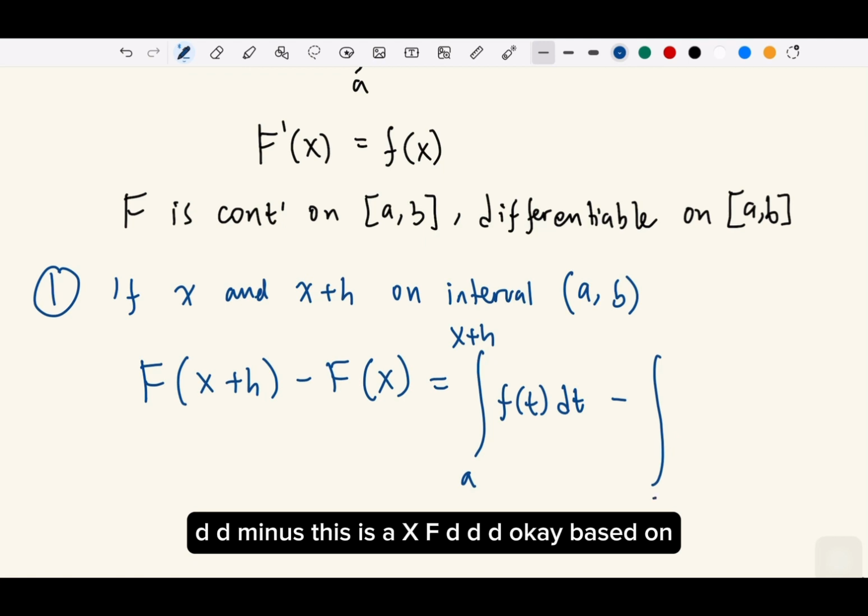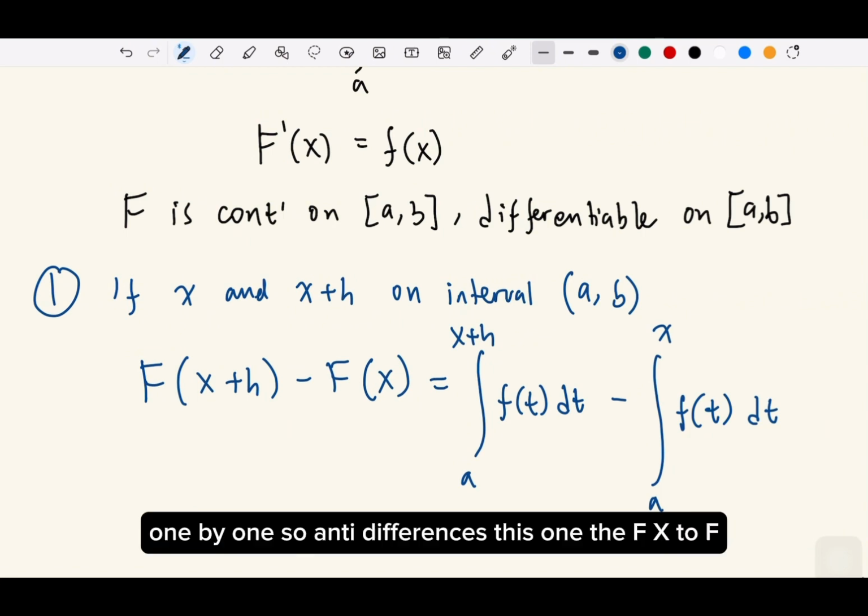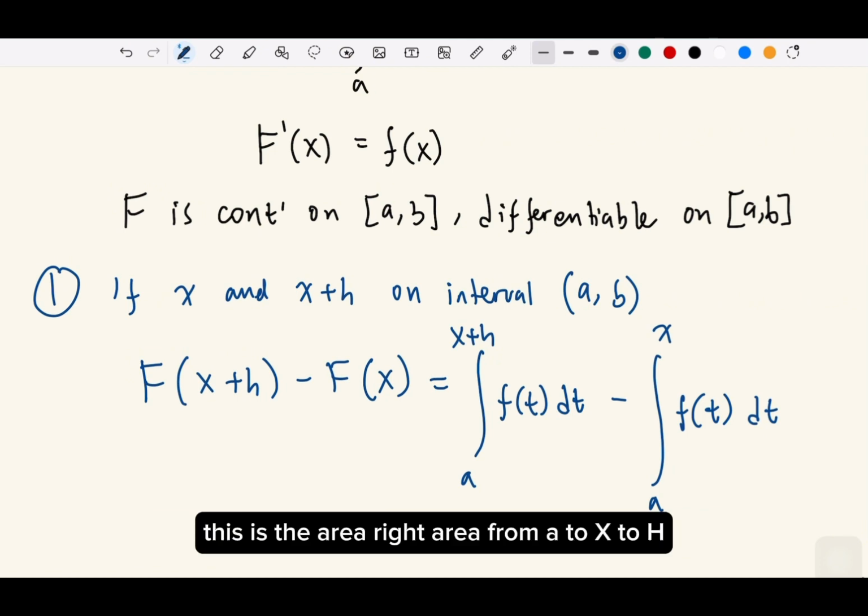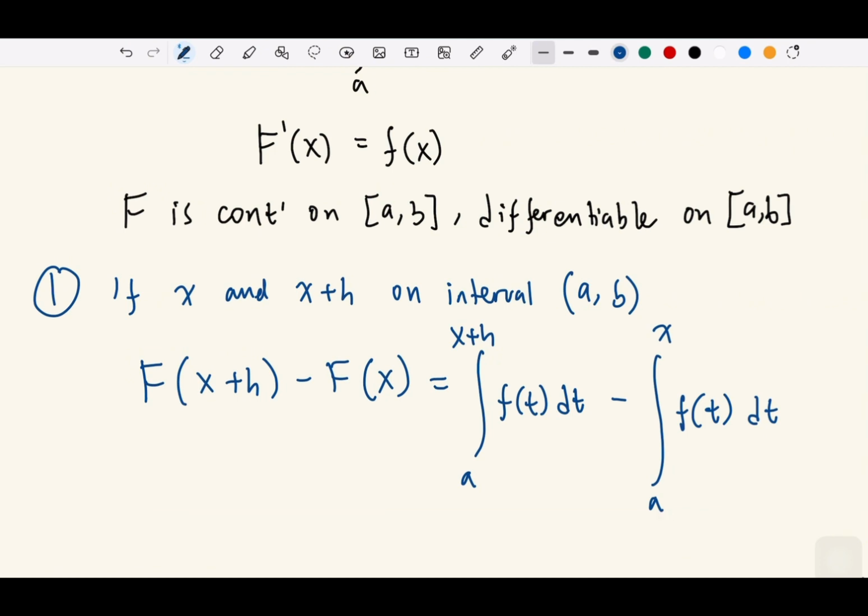Based on the antiderivative, the capital F is the area from a to x plus h.